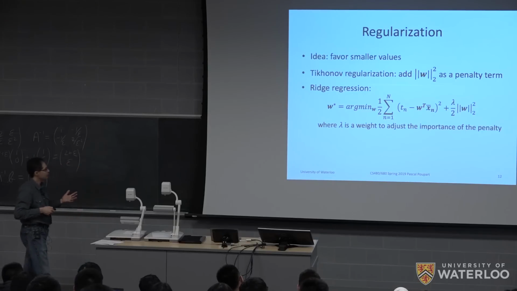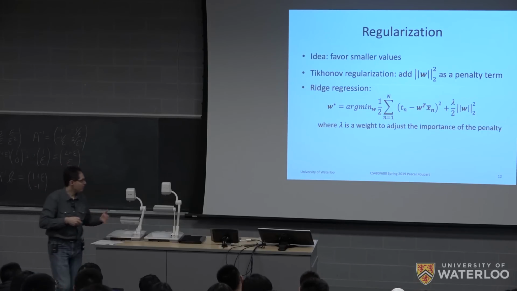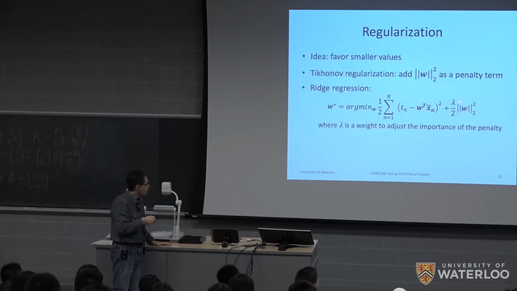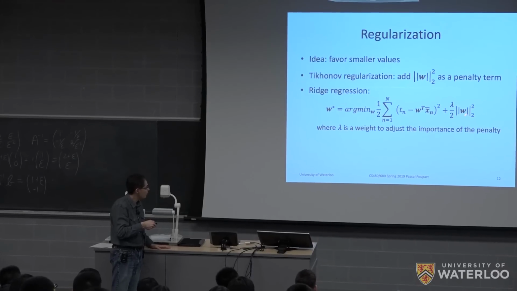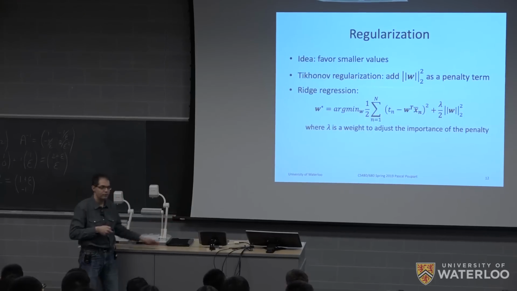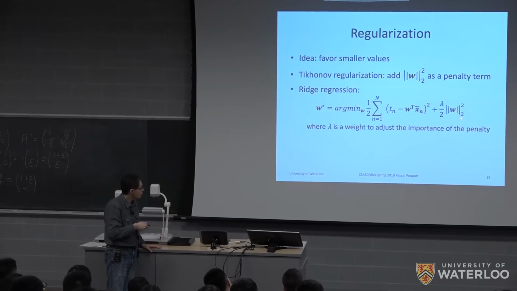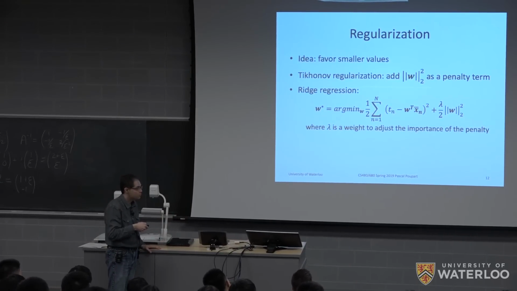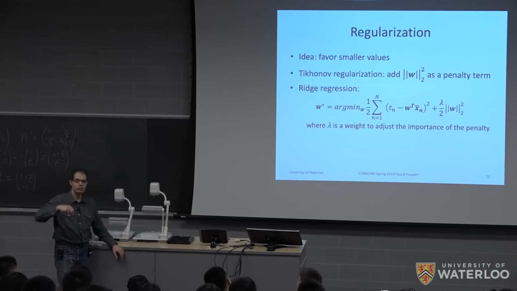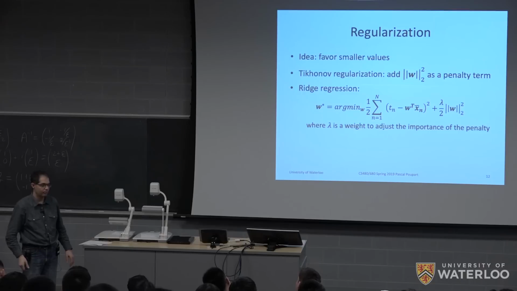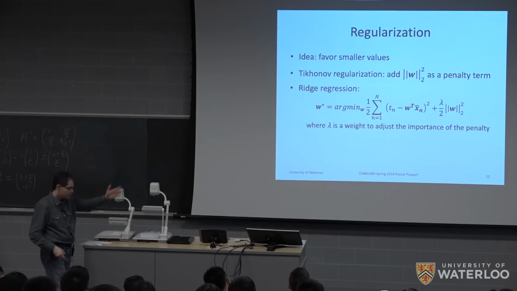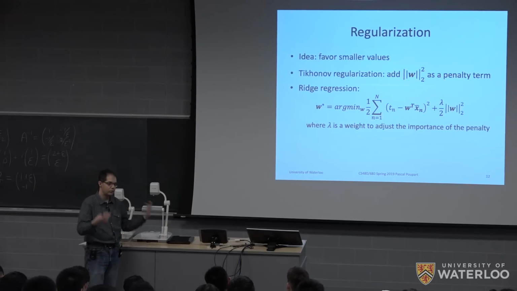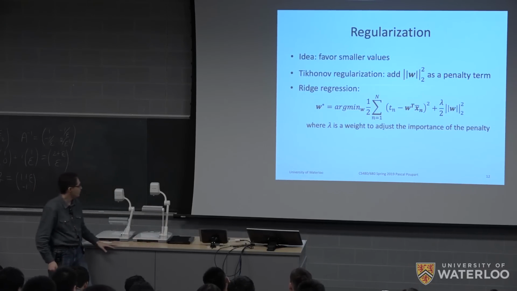And here, just to clarify the notation, when I write two vertical bars like this, that means I'm taking the norm of the vector. The subscript means that I'm considering the Euclidean norm, and the superscript means that I consider the square of the Euclidean norm. So this really just corresponds to the square of the Euclidean norm of the vector.